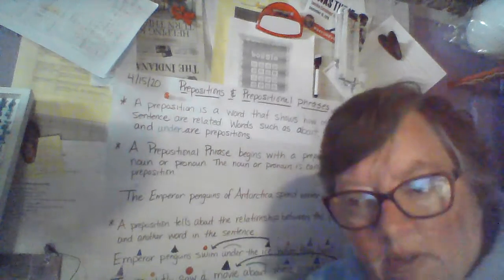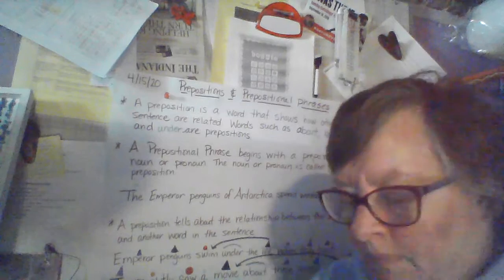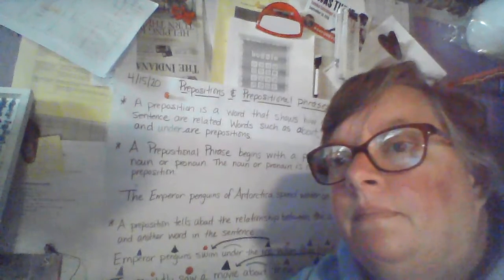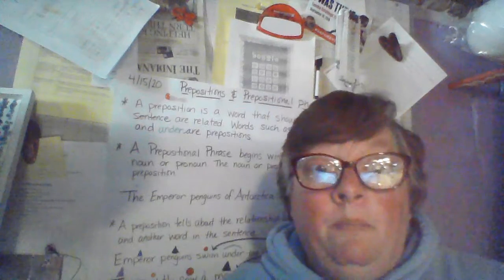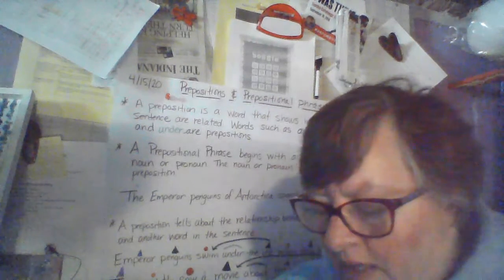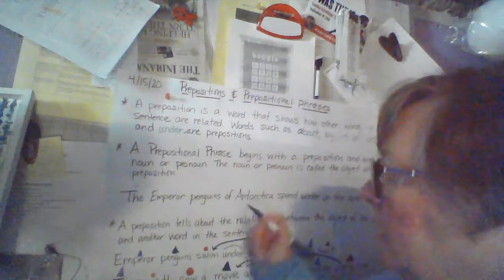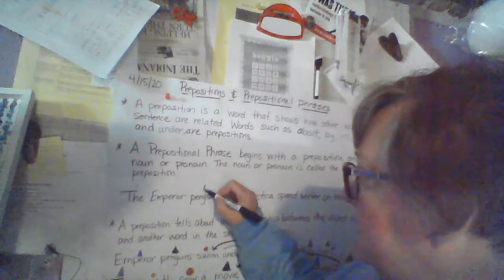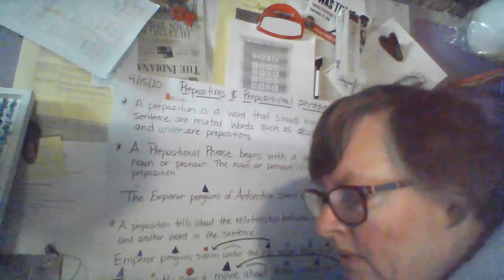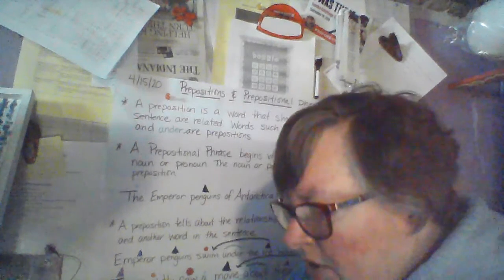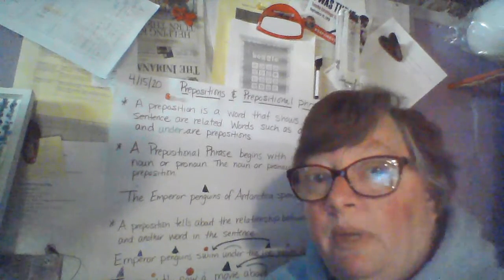Which I've lost my black. Well, I'm going to use a permanent marker and hope my whiteboard survives. Remember, the noun is what the sentence is about, the penguins. What kind of penguins? Adjective. They are emperor penguins.